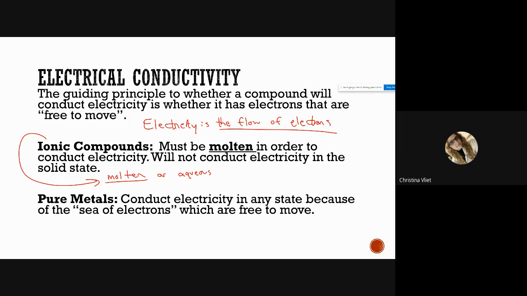What is that? Liquid. So if you can take an ionic compound and change it from a solid to a liquid, then it will conduct electricity. Ionic compounds in the solid form are stuck in place. The ions are stuck in place, so they will not conduct electricity. Molten means to melt it. It has to be in the liquid form.